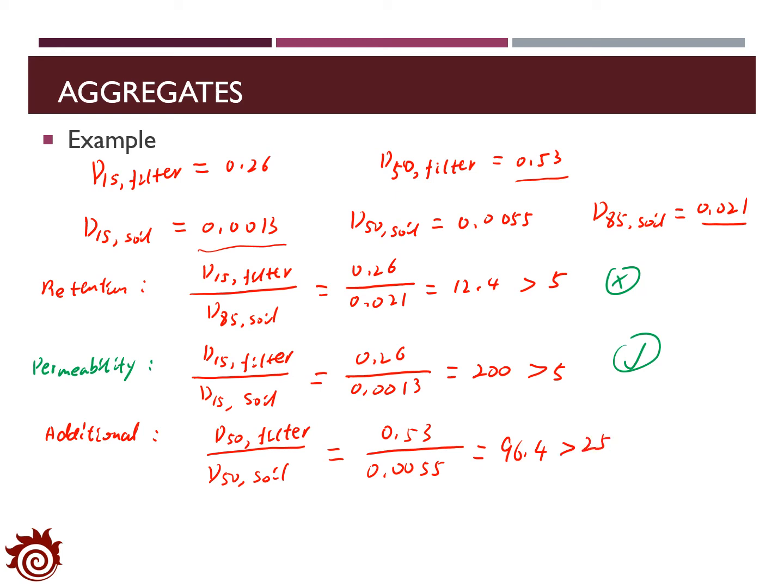So we say that this additional condition is not satisfied. With this result, we say that the proposed base material is not suitable to be placed directly on the subgrade.